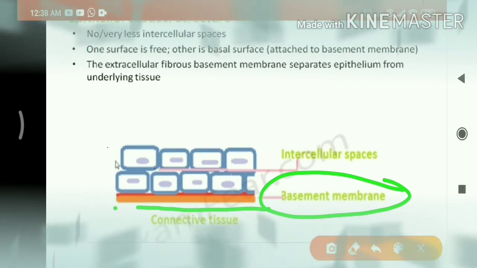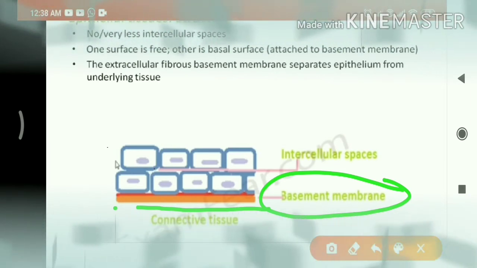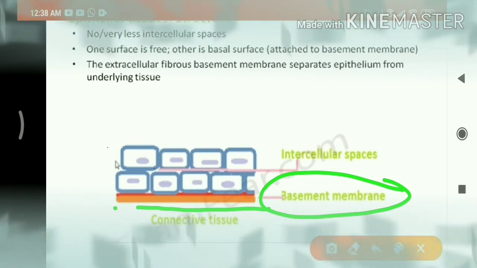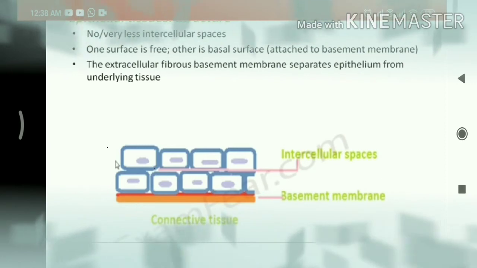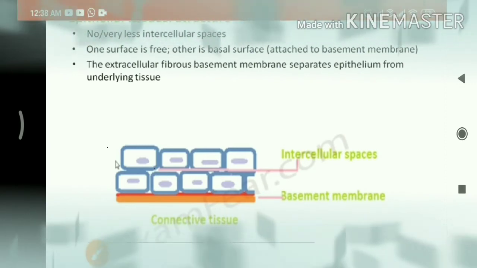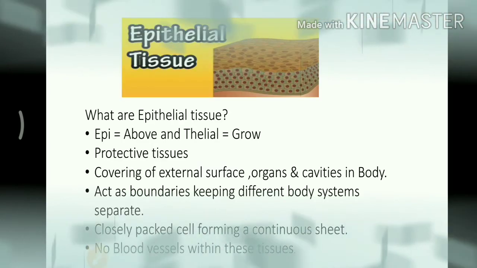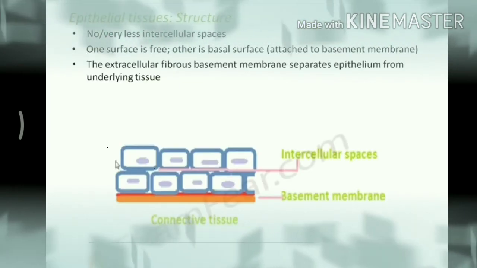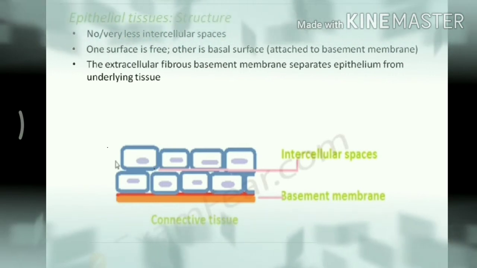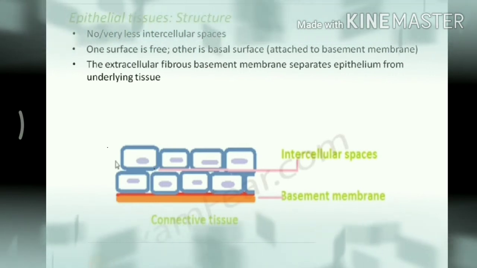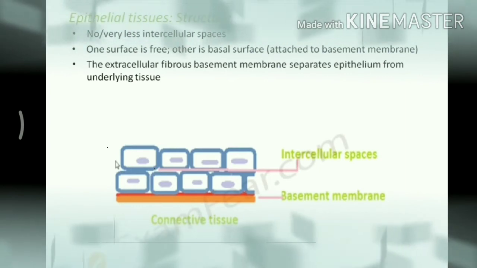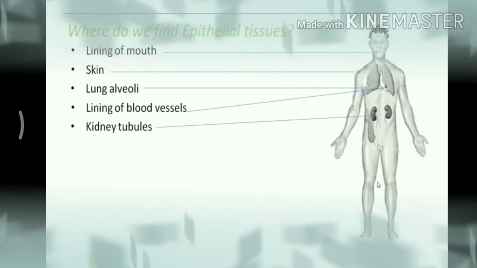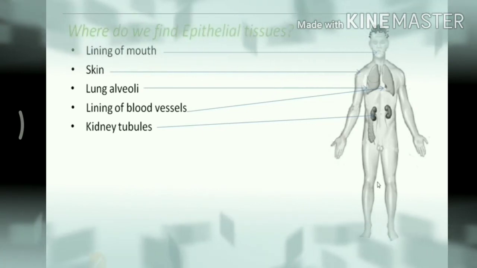When you see a building in its primary stage, there is a basement, a concrete basement they prepare. After that the partitions are completed with bricks, right? So here also, for preparing that, the basement membrane is available, attached to the epithelium.